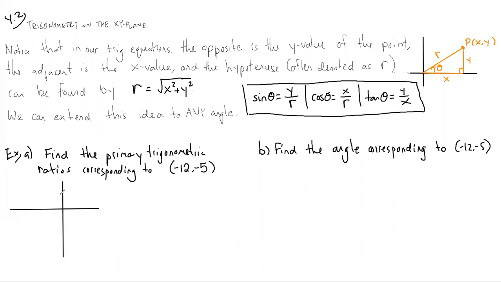I'm not going to formally go over this, but you'd have a Q1, Q2, and you work counterclockwise, Q3 and Q4. So when both of those are negative, we're going to be in Q3. So at the point -12, -5, it should go down here.